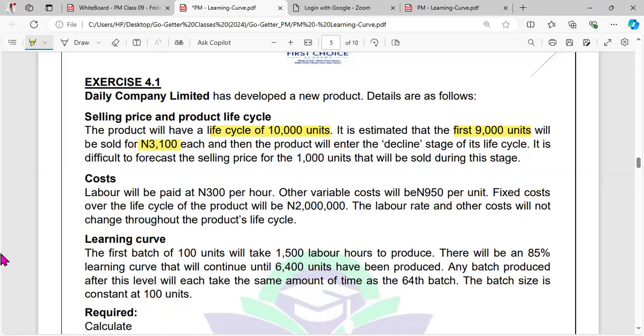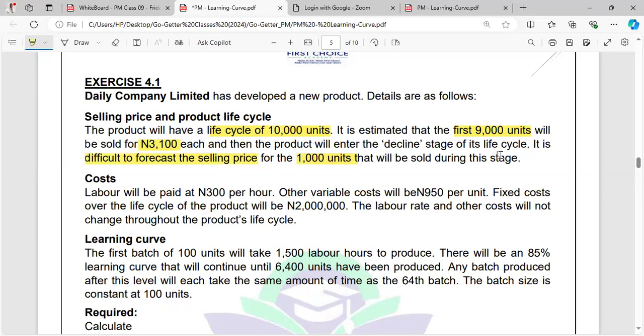Now they said it is difficult to forecast the selling price for the 1,000 units that will be sold in that decline stage. So it is possible that we are going to be asked to forecast the selling price. So let's keep our fingers crossed.